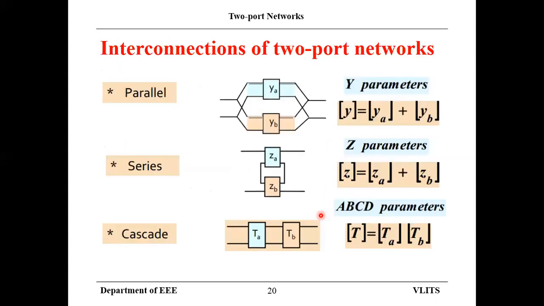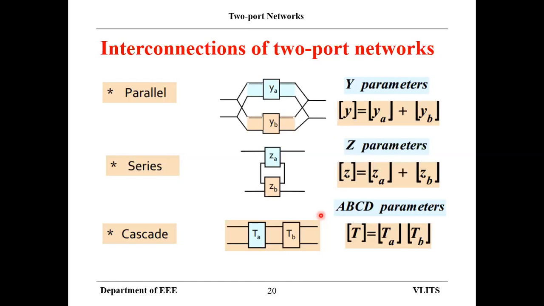So you can conclude that if the two networks are connected in series, the Z parameters are best suitable. Then if you want to find the equivalent network parameters of that equivalent circuit, you have to add the two Z parameters, that is Z equal to ZA plus ZB.